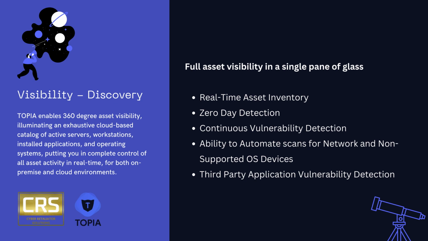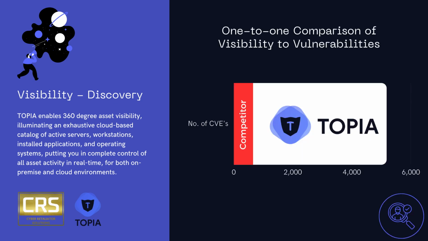So in terms of discovery, we see that TOPIA actually has better visibility, and to be more accurate, it has 10 times more visibility into vulnerabilities within your devices and your network than that of a competitor. This means that majority of organizations are facing risk levels that they are not even aware of. And with the statistics shared by Jacobijn, we foresee a major issue in the future that's arising.